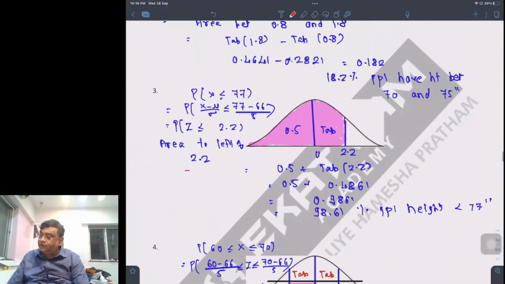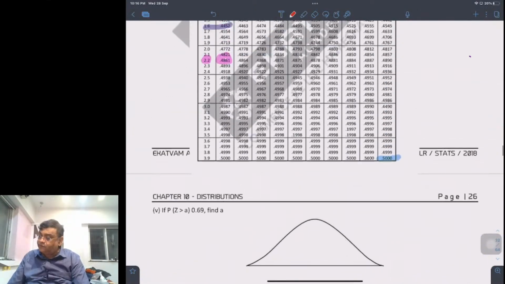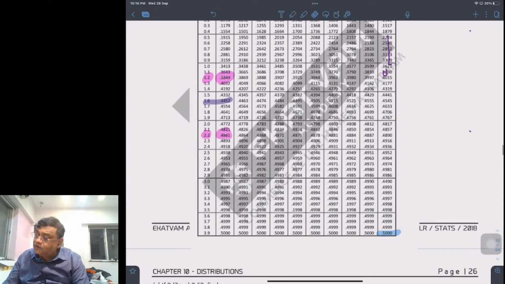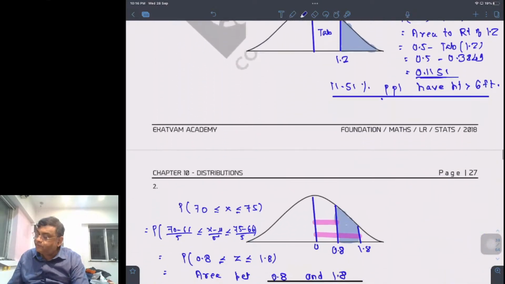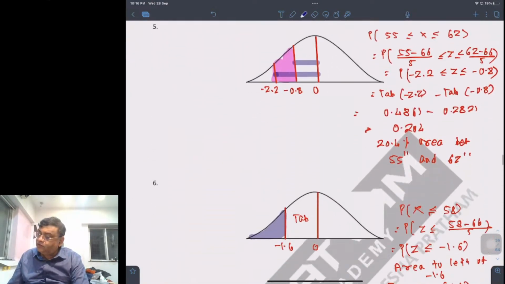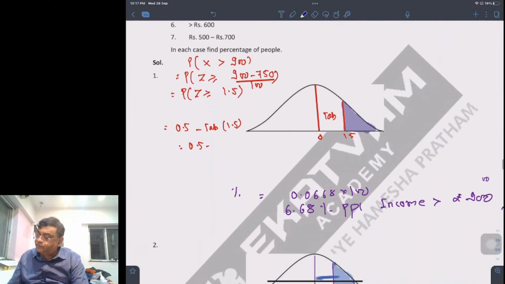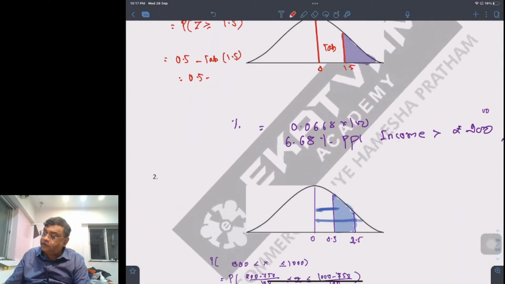For 1.5 the table value is 0.4332. So this is minus 0.4332.